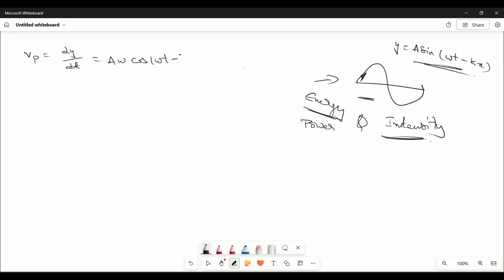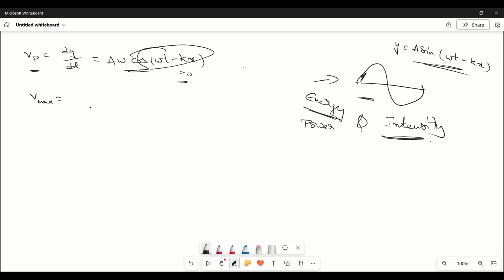Now we can represent the maximum particle velocity. We get maximum particle velocity when omega t minus kx is equal to 0. When the phase is 0, the particle possesses maximum velocity, since cos 0 is 1. So we get the maximum velocity as a omega. By using this maximum velocity, we are going to represent the energy density.